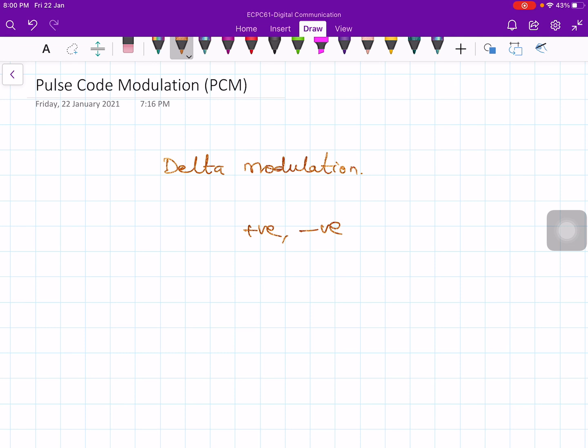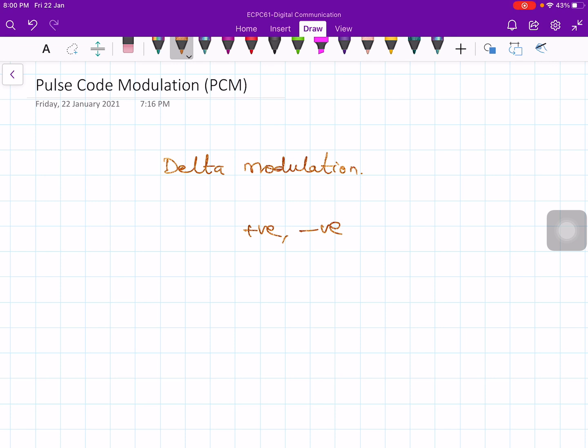Another method of doing this, which is in fact somewhat more popular, is pulse code modulation, with which you are partly familiar in the context of analog to digital conversions in other courses. That is what we will discuss in this lecture in the context of digital communication.